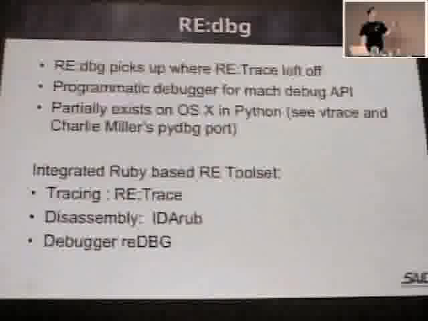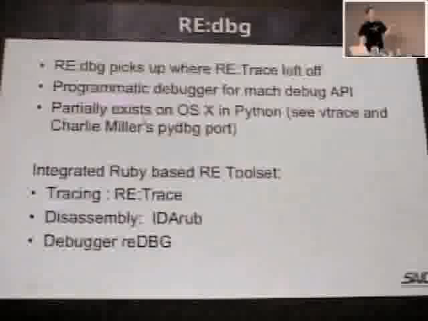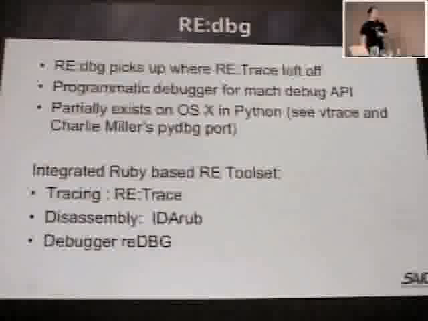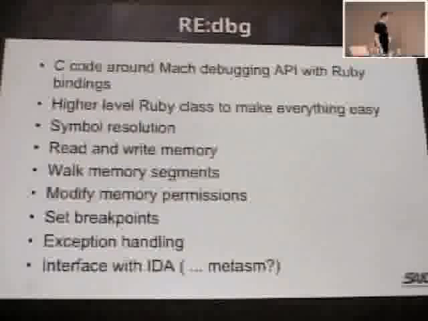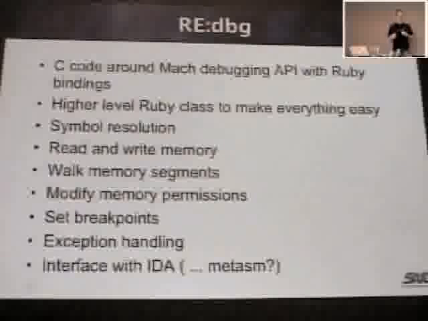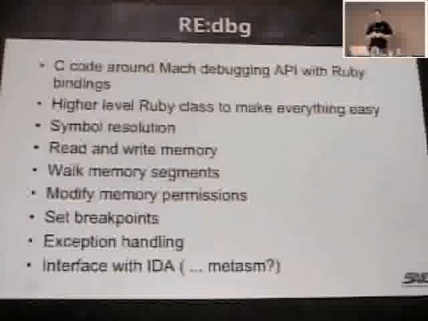So this is our plan, right? We use Retrace and DTrace for tracing, IDA to interface with the disassembler. You could also use something like MetaASM, and then Redbug is our debugger. Where we're at now is implementing C code that wraps around the Mach API, and then using Ruby bindings to bind those C functions to Ruby.